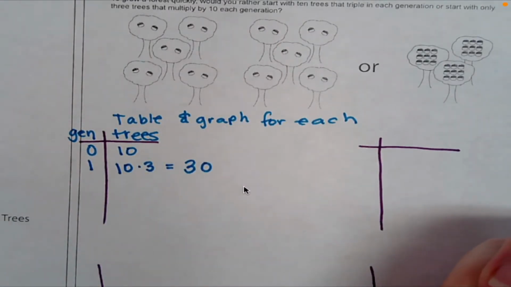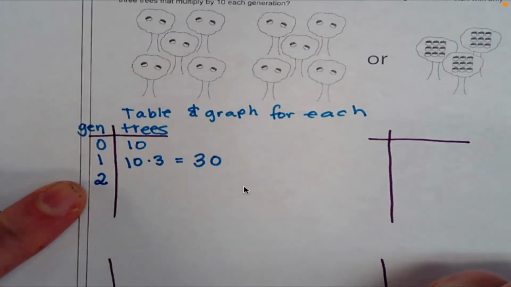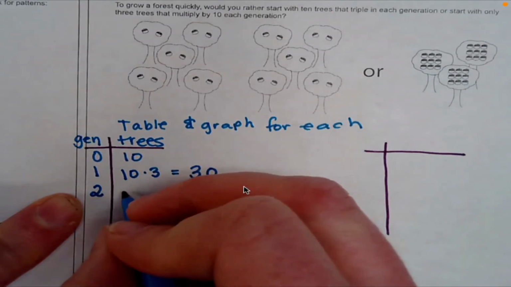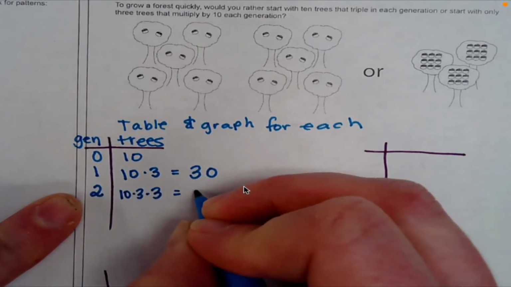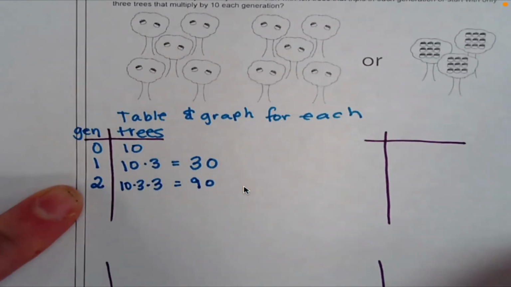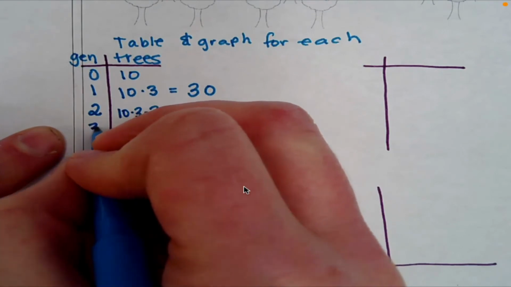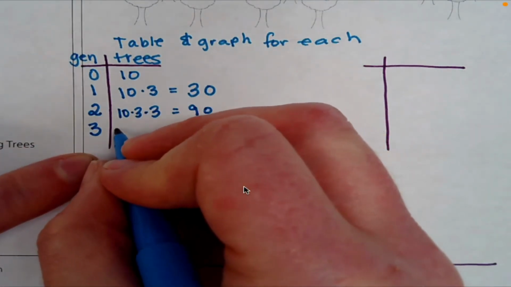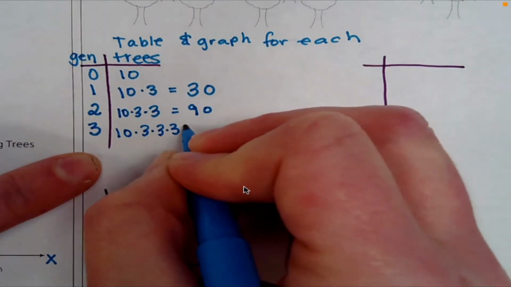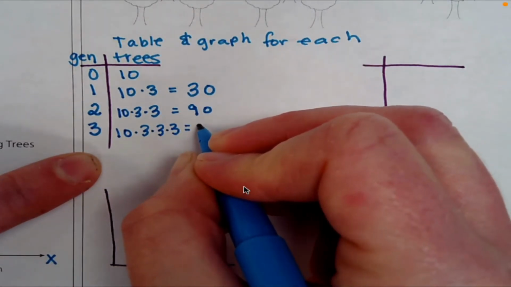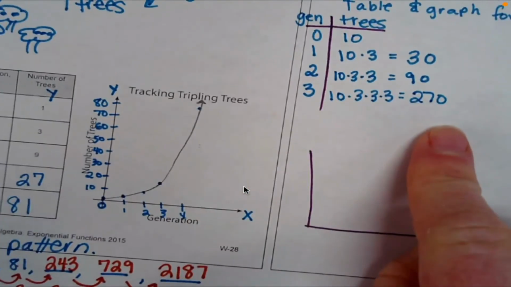Okay. And then the next one, it's going to triple. So this one's going to be 10 times 3 times 3, 90. Then the next one, the third generation, we still start out with 10, but then we're going to multiply times 3 times 3 times 3, which is 270.